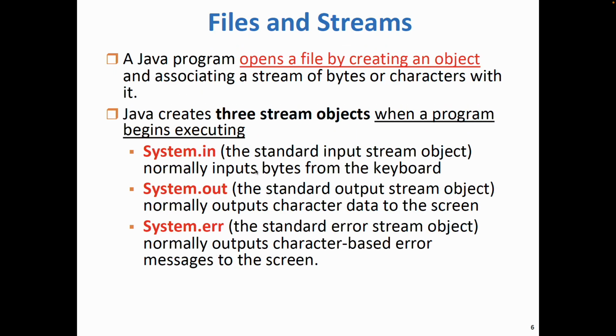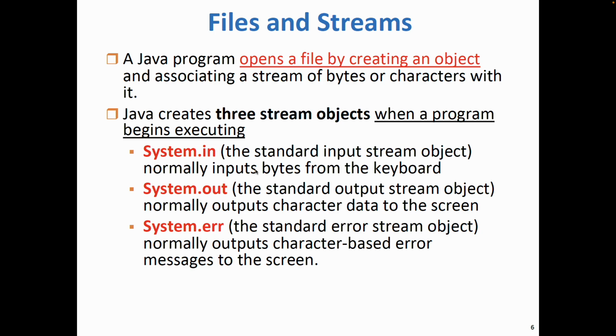And well, now let's continue with Java. When we start a Java file, Java creates 3 stream objects that allow us to do some operations: System.in, System.out, System.err. Actually, we know these objects.